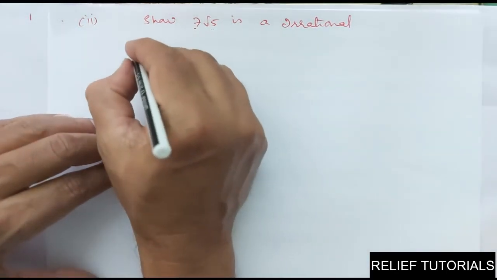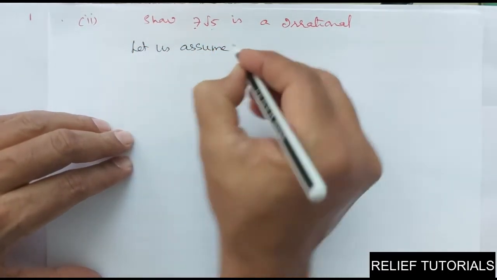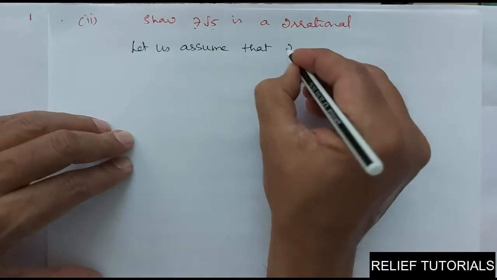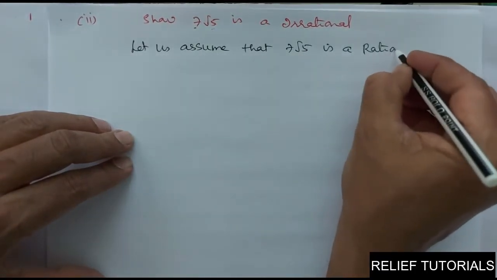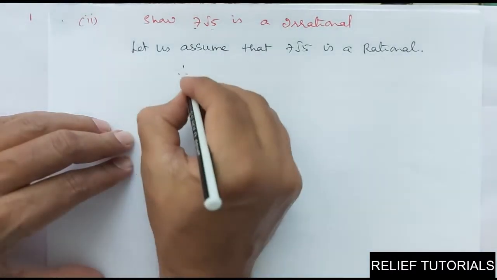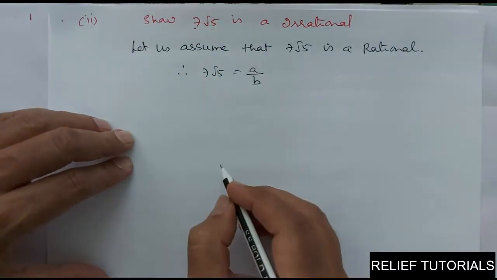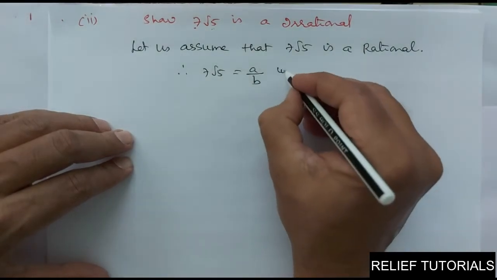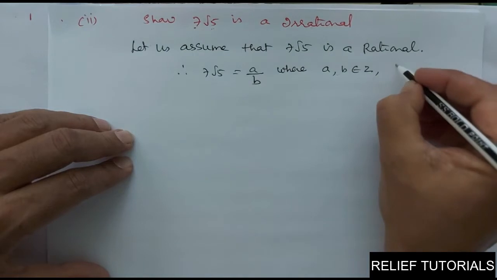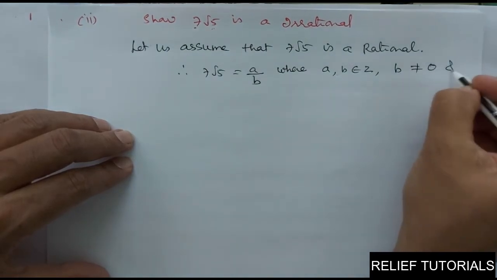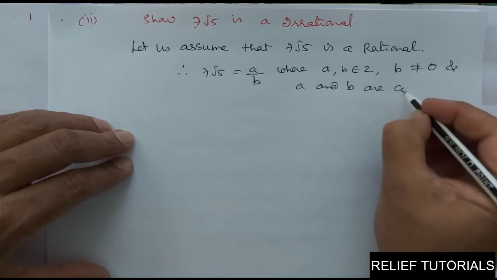Then we can say, let us assume that 7 root 5 is rational. So therefore 7 root 5 is equals to a by b, where a comma b belongs to z, b is not equal to 0 and a and b are co-primes.